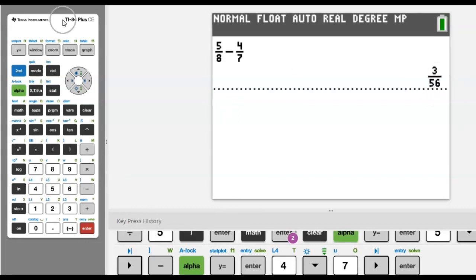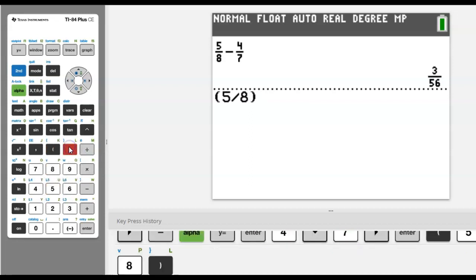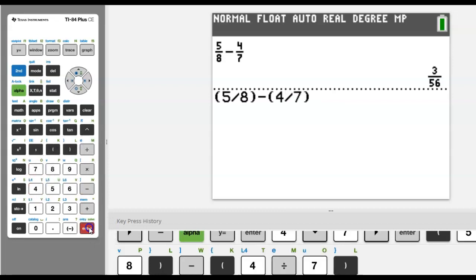If you don't have the TI-84 and you have the ordinary TI-83 or anything that's not graphing and you want to do fractions, you use parentheses or brackets. So you type your 5 divided by 8, you close it, and then you bring your subtraction, and then you open it, and 4 divided by 7, close it, you enter.